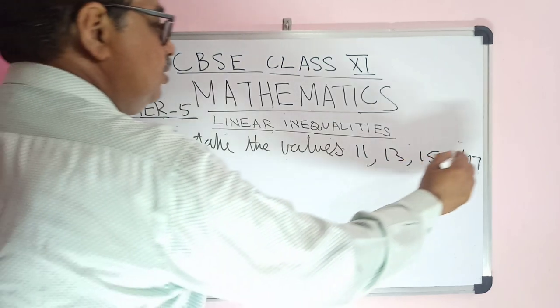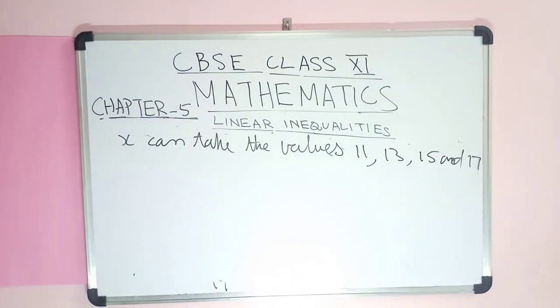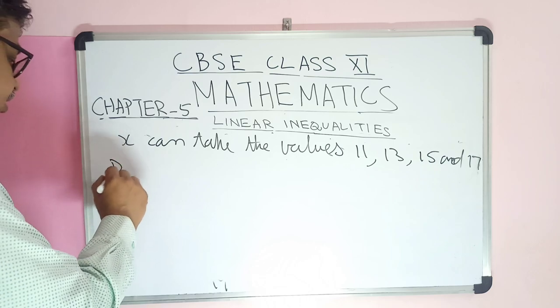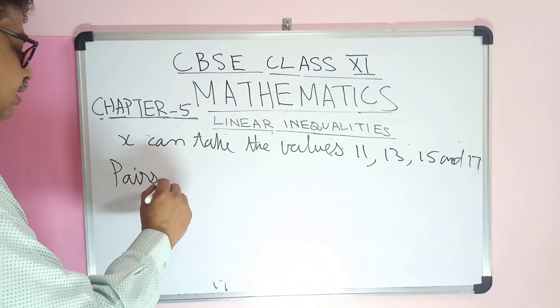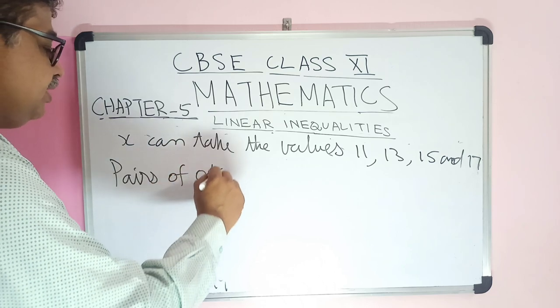So it can take up to 17. So what are the pairs? Pairs of odd natural numbers.